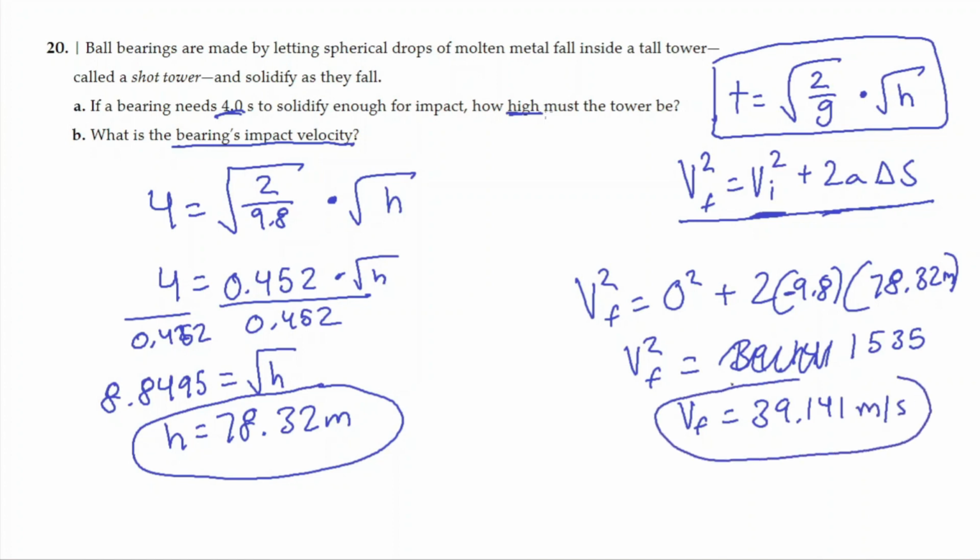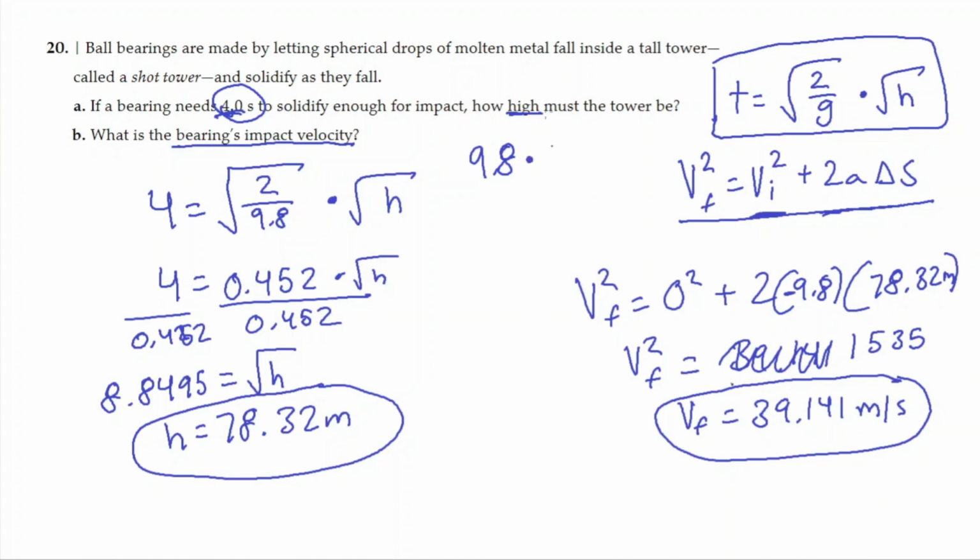Now, that is the longer way to do it, but I wanted to put this equation into application here. Another way to figure out the final impact velocity is that we're given the time, and since it's free fall, we know the free fall acceleration is 9.8 meters per second squared.